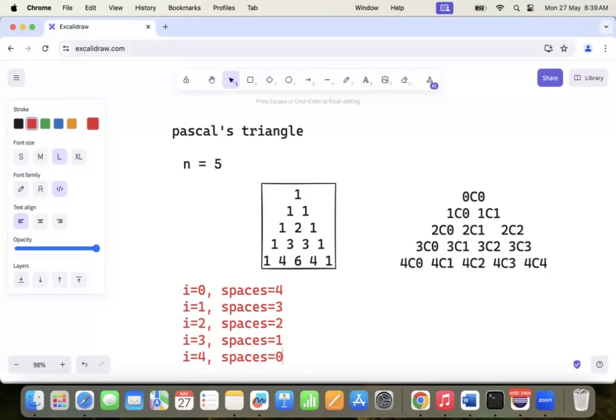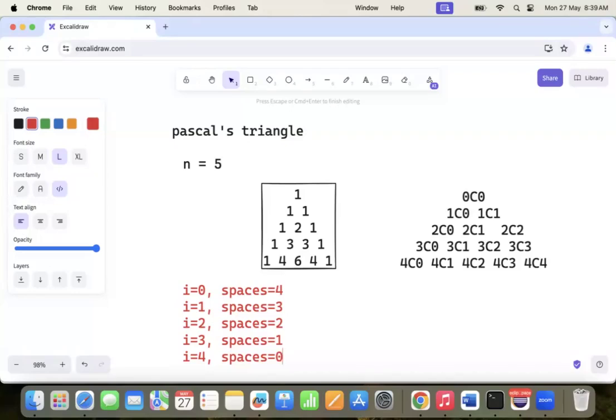N minus 1 means always 4, no? First row is okay, but what about when i is equal to 1? Yeah, n minus i is 1.